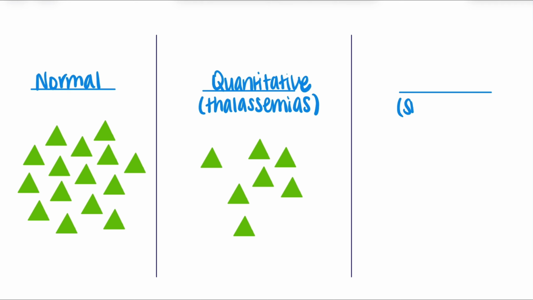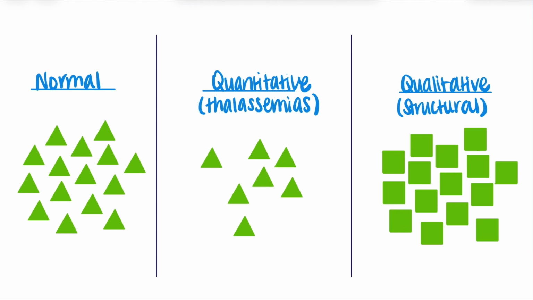The second way in which things can go wrong is when a genetic change affects the structure of the globins being produced. There might still be the same amount that is being made, but there is something in the structure itself that is altered. These are structural hemoglobin variants, or qualitative defects. Nevertheless, for both types of hemoglobinopathies, they are usually inherited in an autosomal recessive manner.